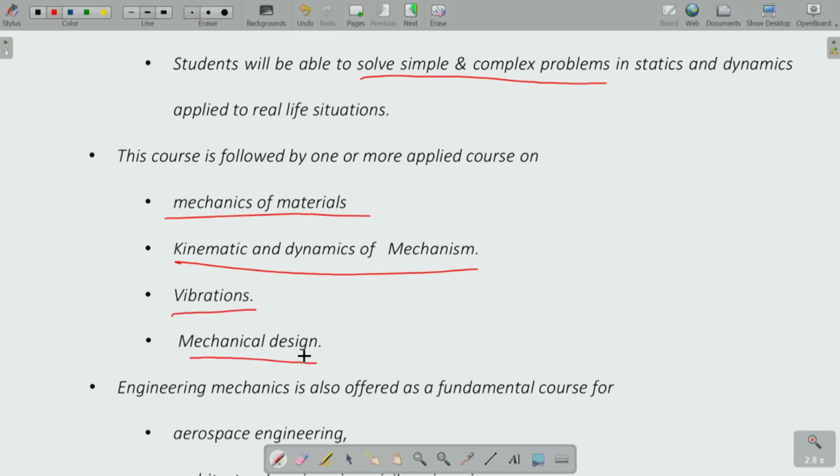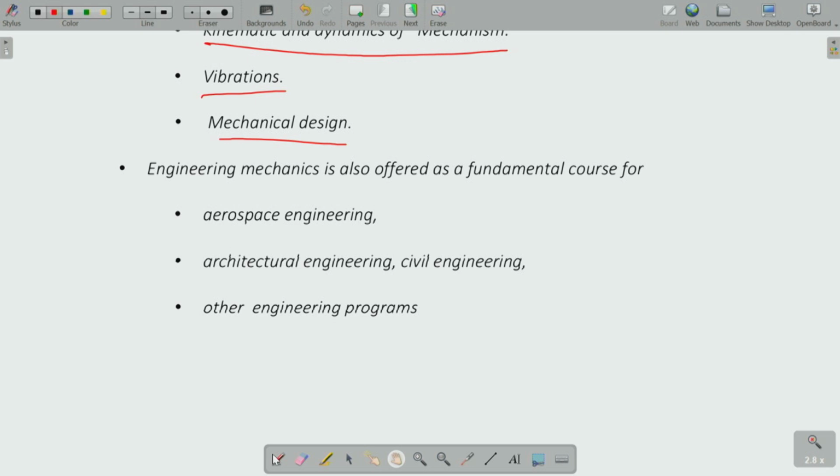So, engineering mechanics is a fundamental course which forms a base for the subsequent courses. The course will be useful for other than mechanical engineering students. It will be useful for aerospace, architectural engineering, civil engineering and other engineering programs as well.